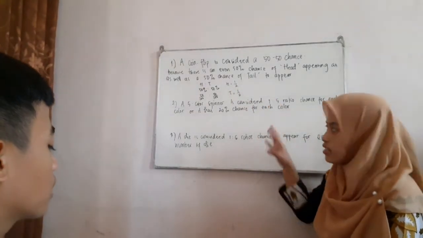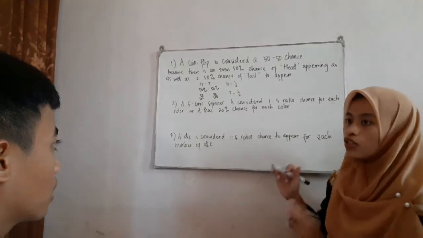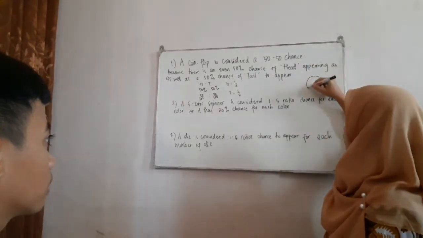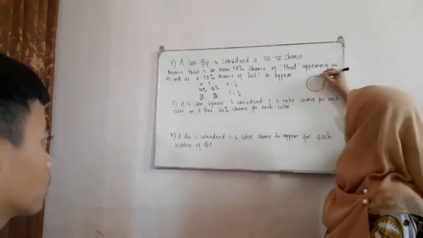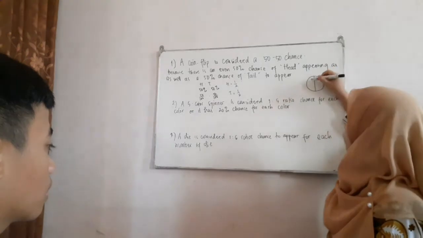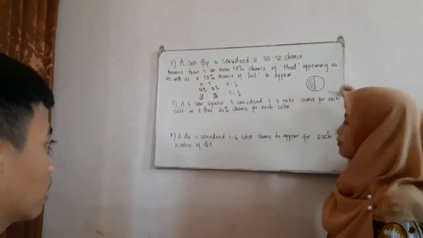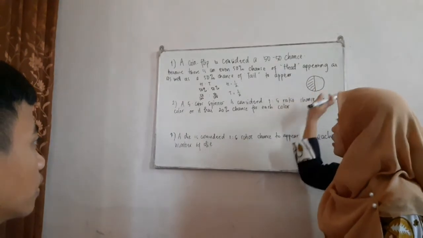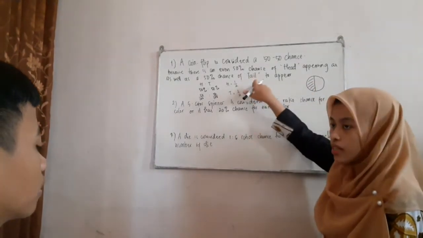To understand what that means, do you still remember fractions? If I have a cake and I divide this cake into two equal parts, what is each part? A half, Miss. Yes, a half. So take a look back at this case.